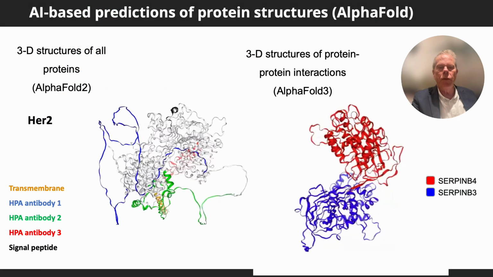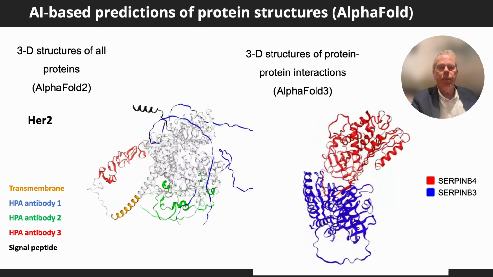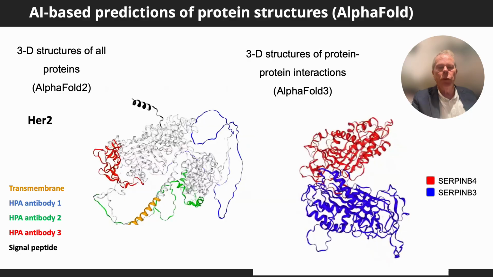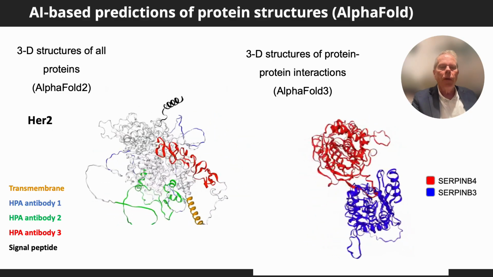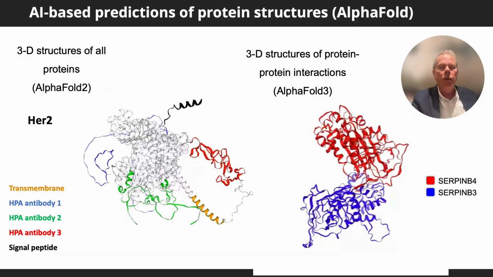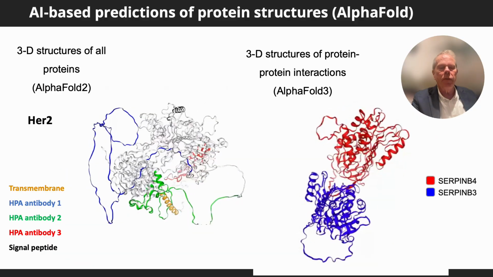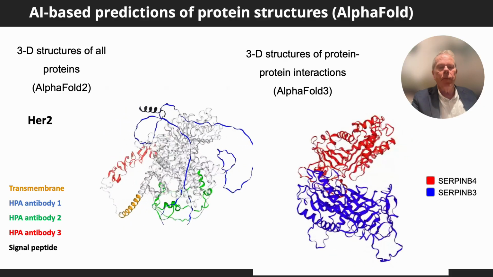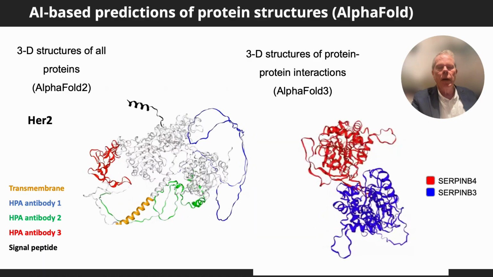So before we end, I just wanted to point out that we have AI-based predictions of protein structures, both with AlphaFold 2, as you can see here to the left, where we not only show the predicted structures of all the proteins and all the isoforms, transcript splice variants, but also you can display where the antibodies used in the Protein Atlas are binding to the structures.